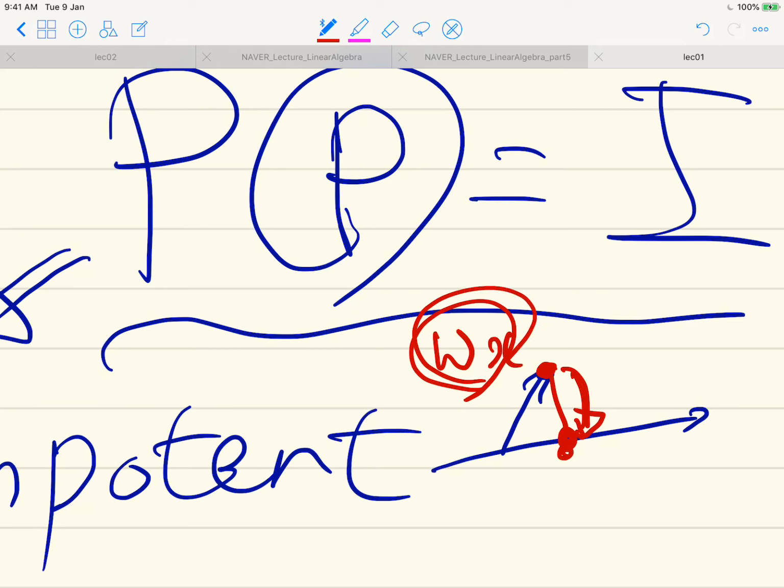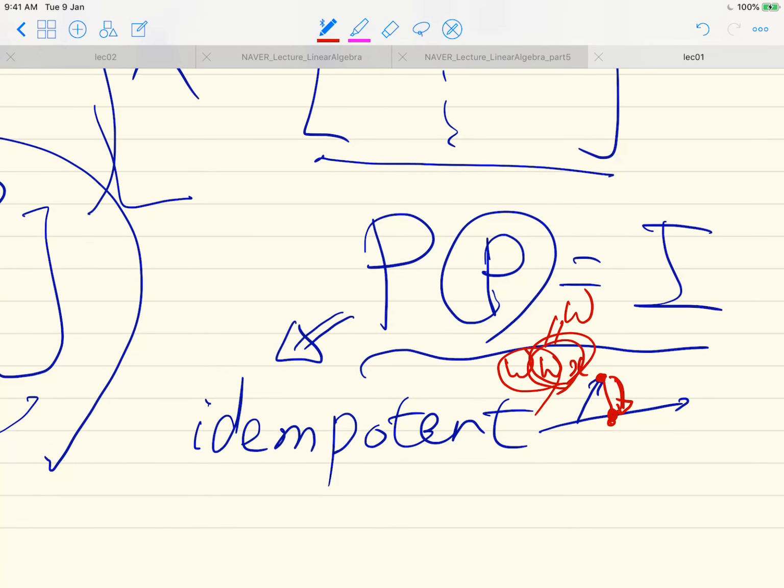So projecting once or twice will be the same. So W times W remains just W, or even W to the power of 3 or 4 is the same as just a single W, right? So that is called idempotent, and the representative example of satisfying this idempotent property is the projection operation for a matrix.